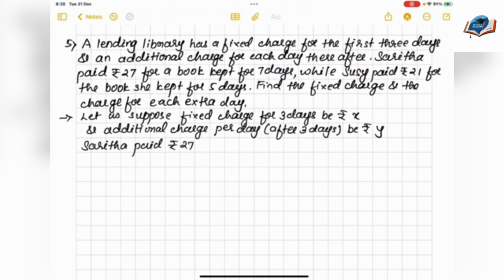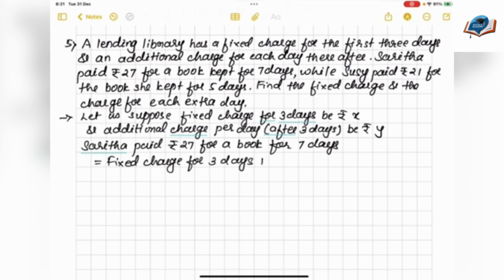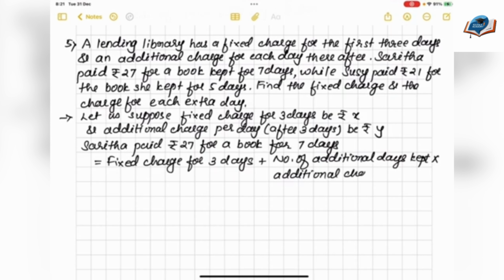rupees 27 for a book for 7 days. So that will be fixed charge for 3 days plus number of additional days kept multiplied by additional charge per day.